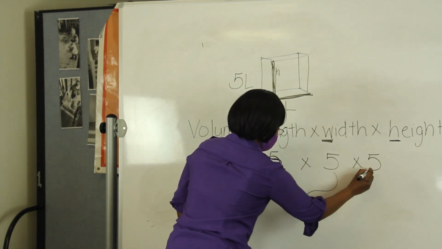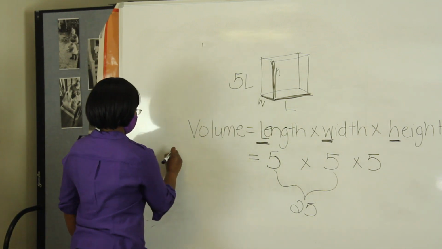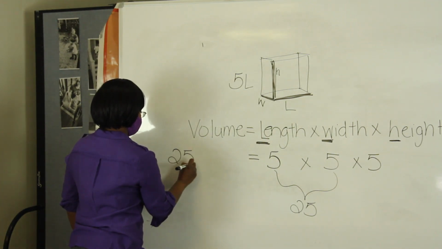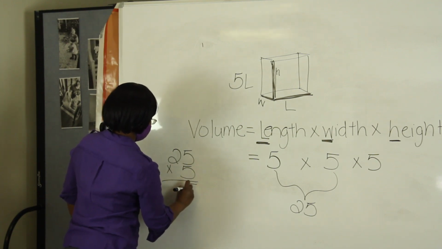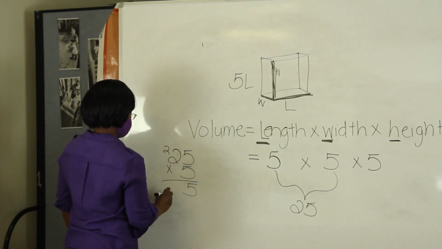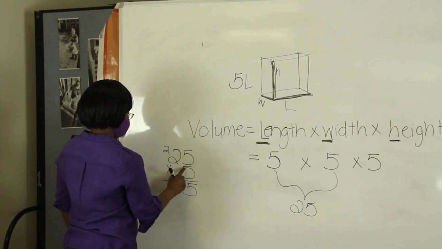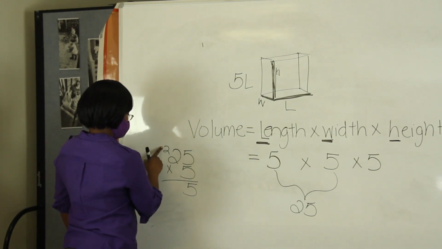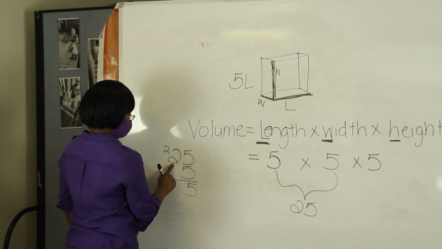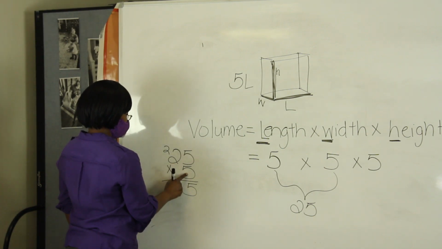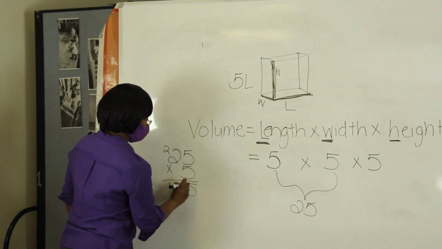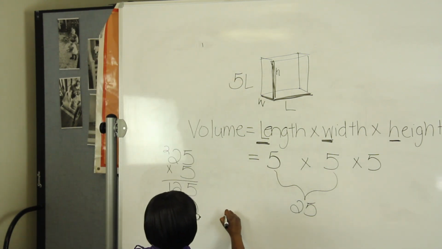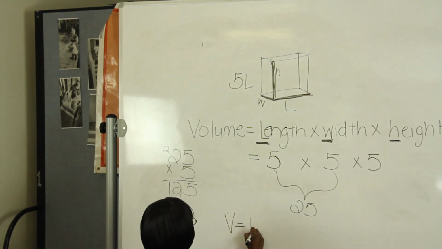And now we're going to times it times 5. 25 times 5. So we bring the 2 over, and then we do the big numbers. 2 times 5 is 10, plus 2 is 12. So our volume equals 125.